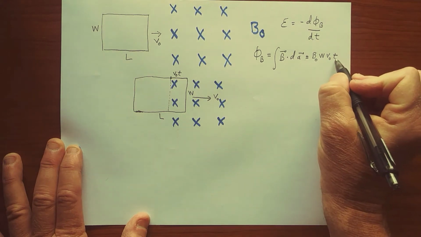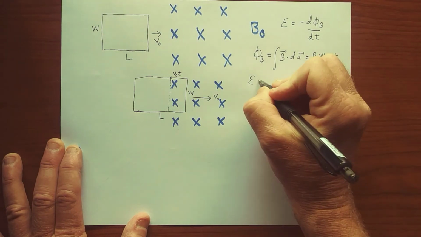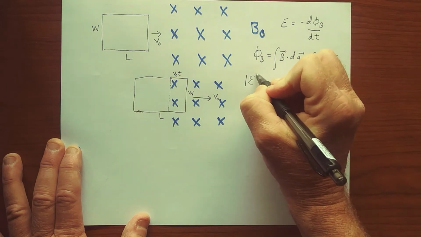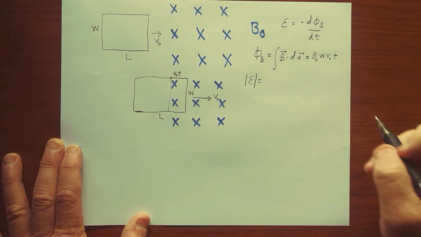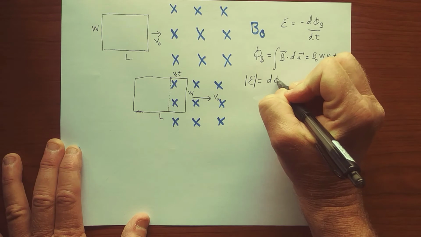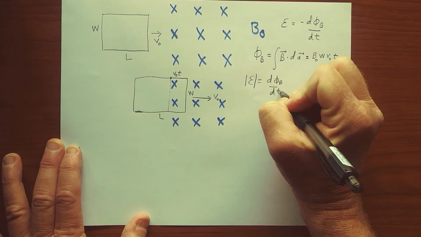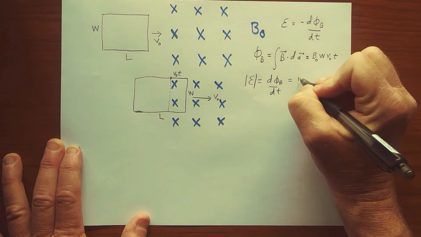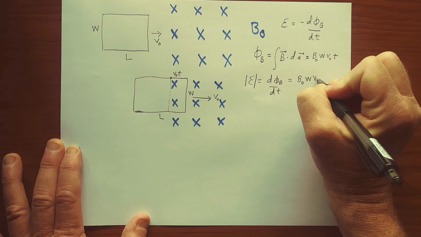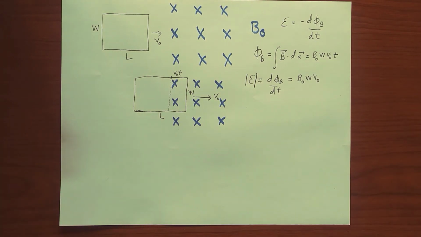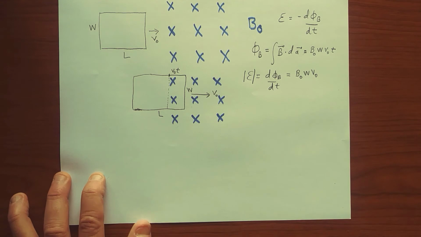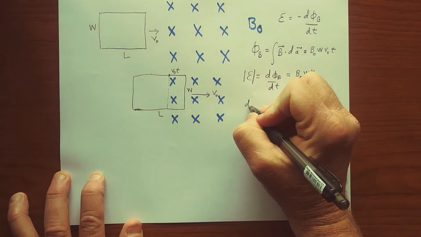It's clearly changing with time, and so when we look at the EMF, or let's say the magnitude of the EMF, forget the minus sign, let's just take the time derivative, we'll get B naught W V naught, so there's clearly an EMF. And now the question is, what's the direction?